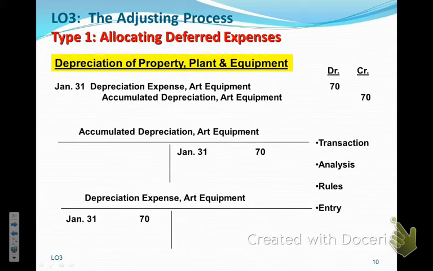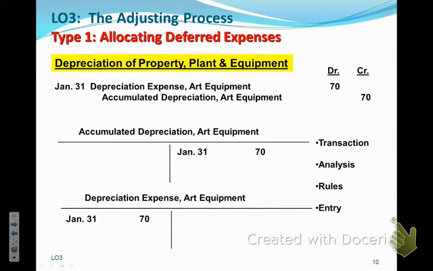And so we're going to debit and credit for equal amounts. This accumulated depreciation account is going to be associated with that art equipment that is an asset. So this contra asset account, this contra, meaning the opposite, will have an opposite normal side balance to the art equipment, which would have a normal balance on the debit side.